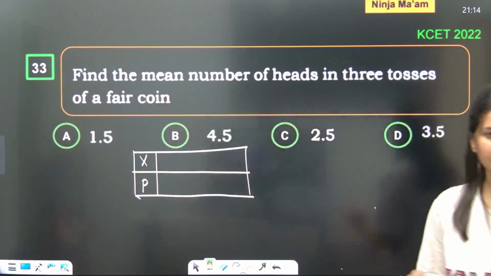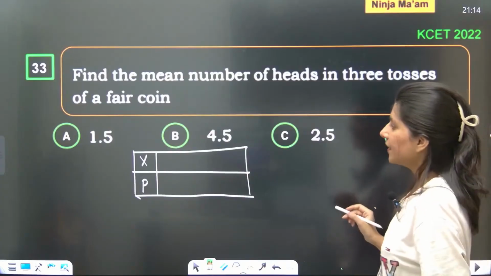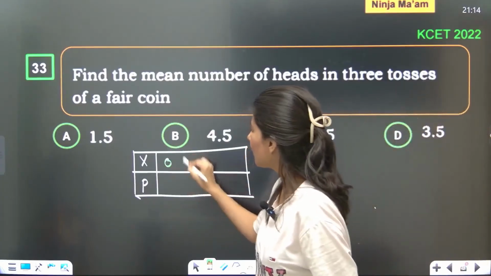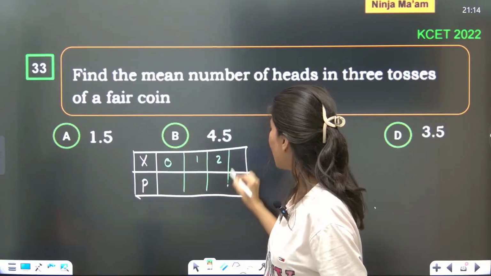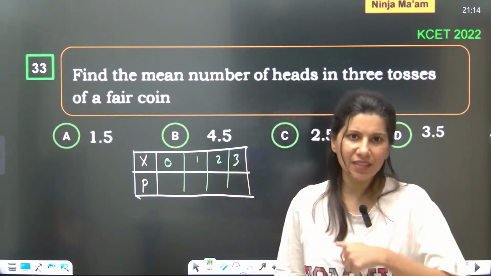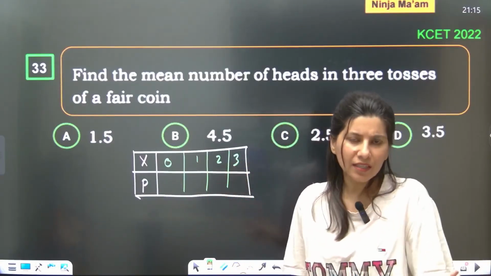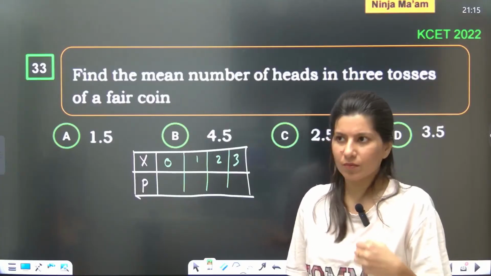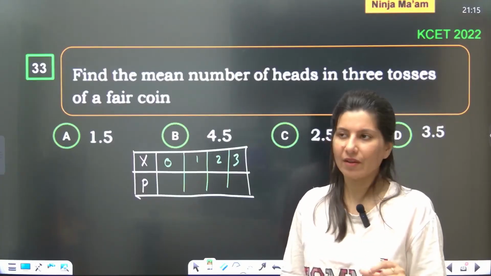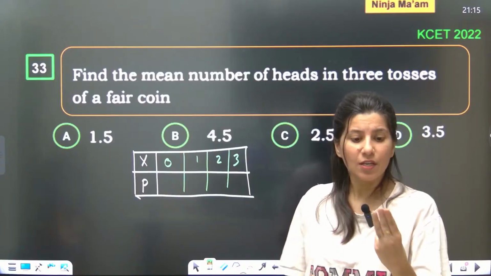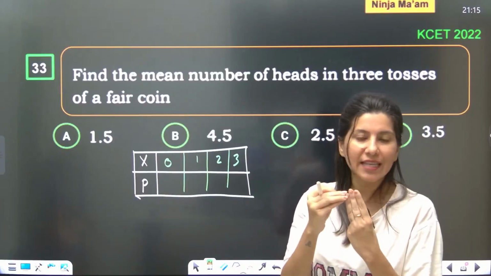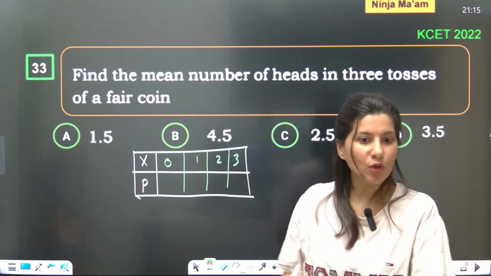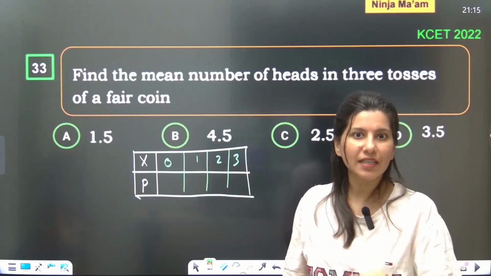Now see, x can be 0 number of heads, 1, 2 and 3. Maximum number of heads in 3 tosses will be 3. If I am throwing a coin 3 times, first time I get a head, then a head, then a head.